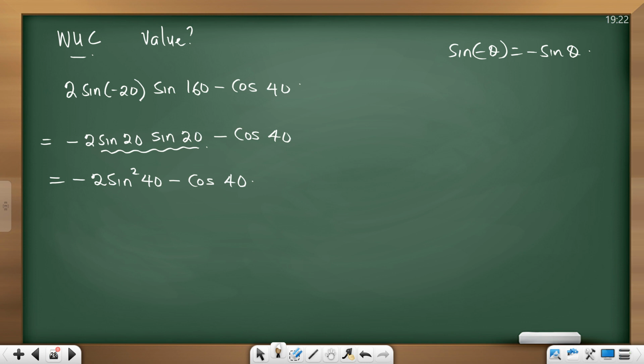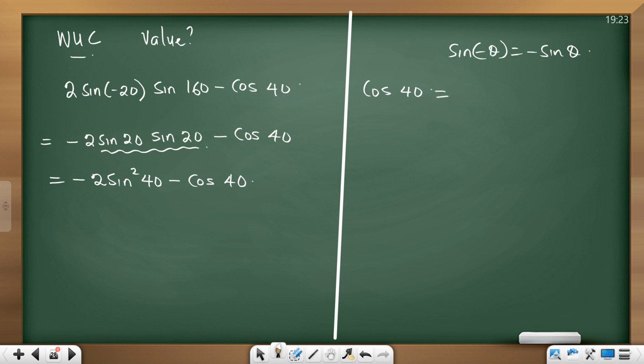I am seeing cos 40. There's something here that looks like a 20 and 40 playing around, right? Let's put cos 40 on one side.